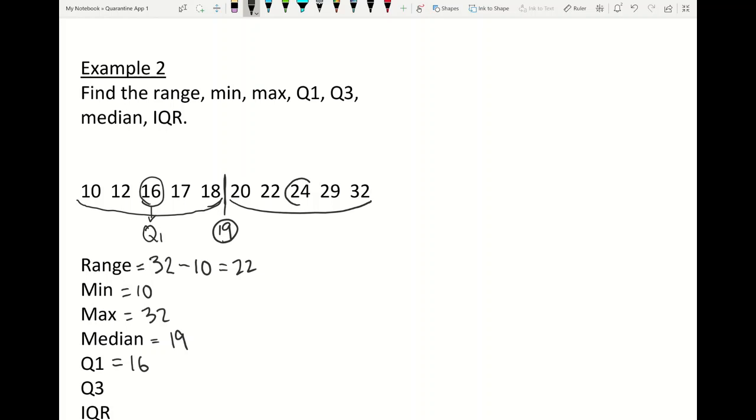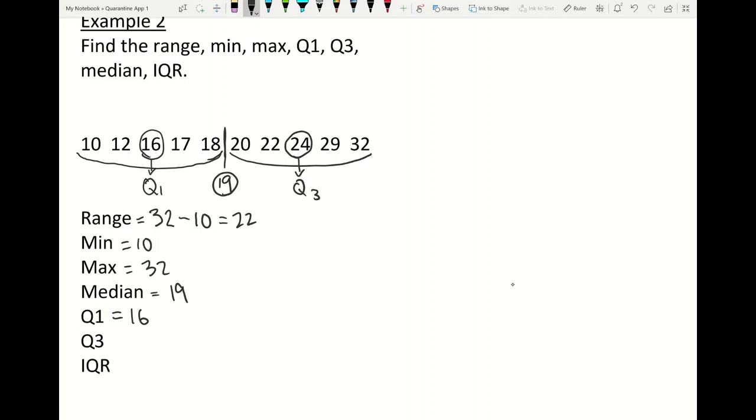It will be this number, 24. That's Q3. Therefore, the interquartile range is going to be Q3 minus Q1. 24 minus 16. And what is that? 8.